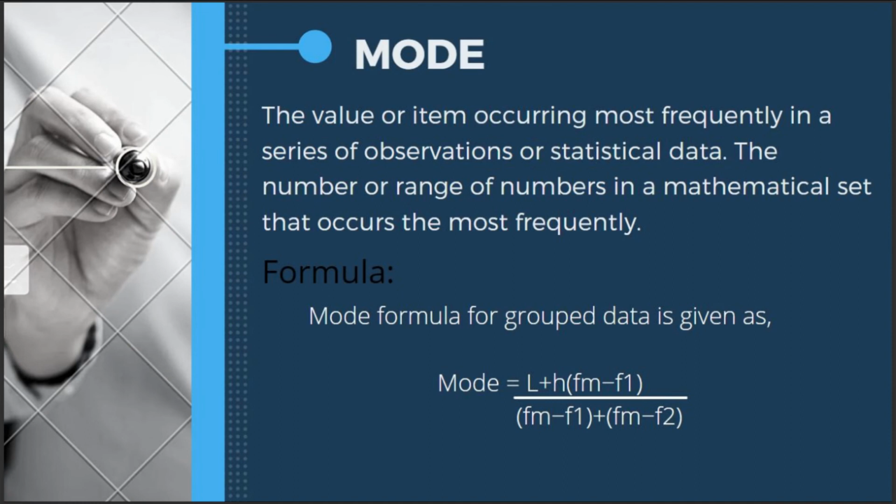Lastly is the mode. The mode is the value or item occurring most frequently in a series of observations or statistical data. The number or range of numbers in a mathematical set that occurs the most frequently.